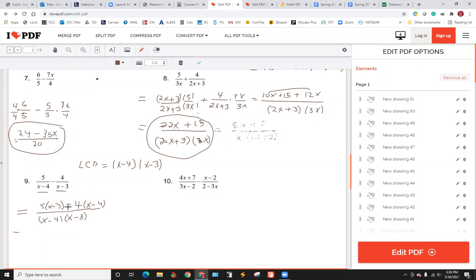So 5 times x minus 3 is 5x. And 5 times negative 3 is minus 15. Minus 4 times x is minus 4x. Minus 4 times minus 4 is plus 16. And this is all over our LCD.